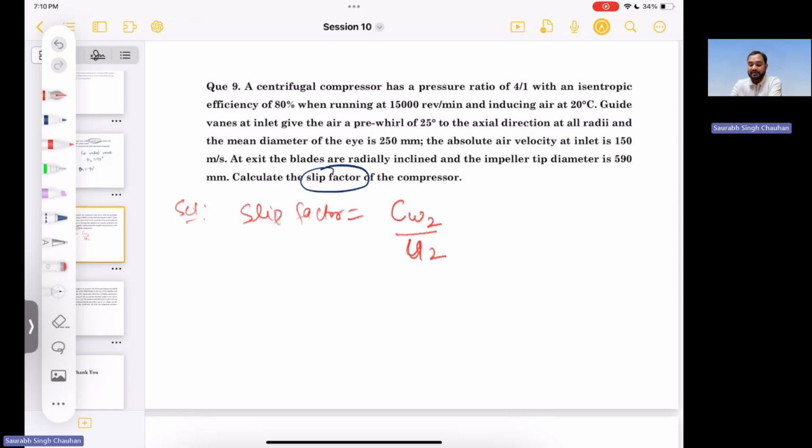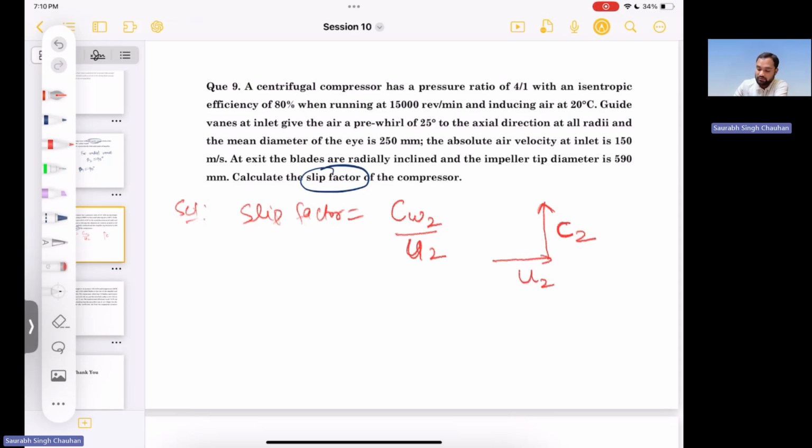Because in the ideal case, we assume that this fluid is coming out radially. Okay, this fluid is coming out radially. So this means that this is the tangential velocity U2, this is the absolute velocity C2.